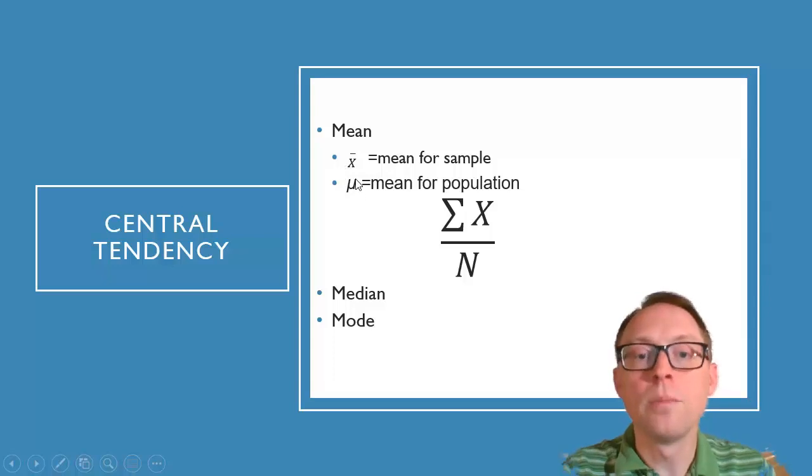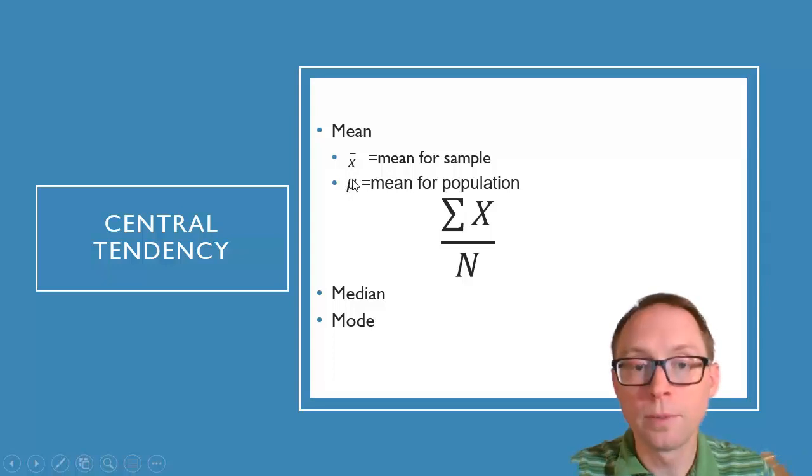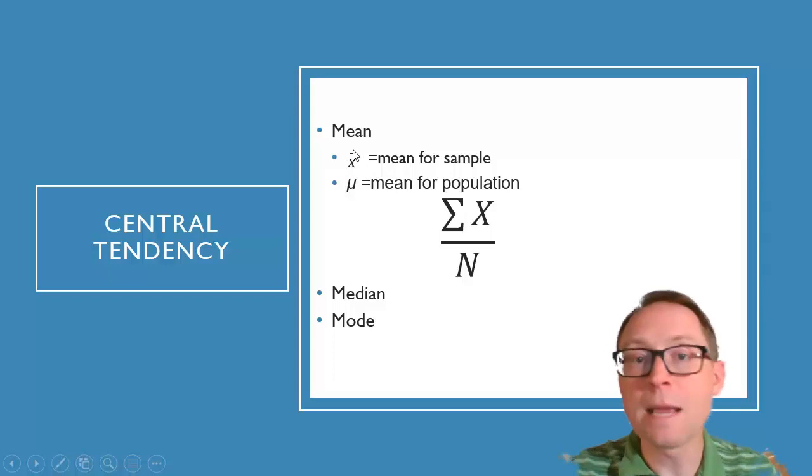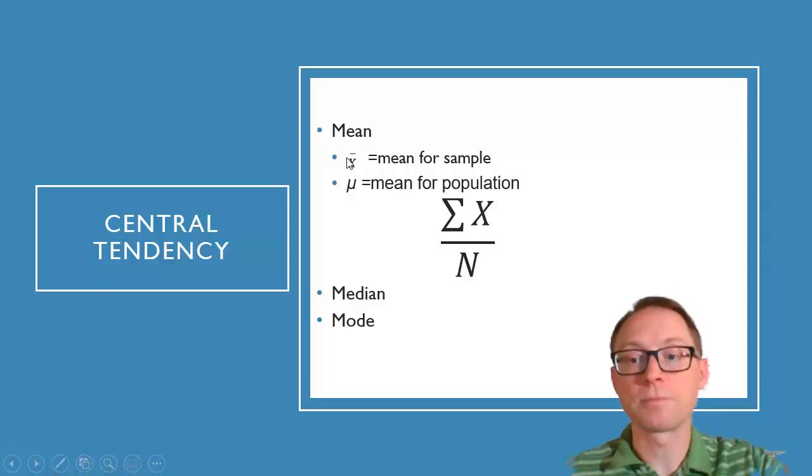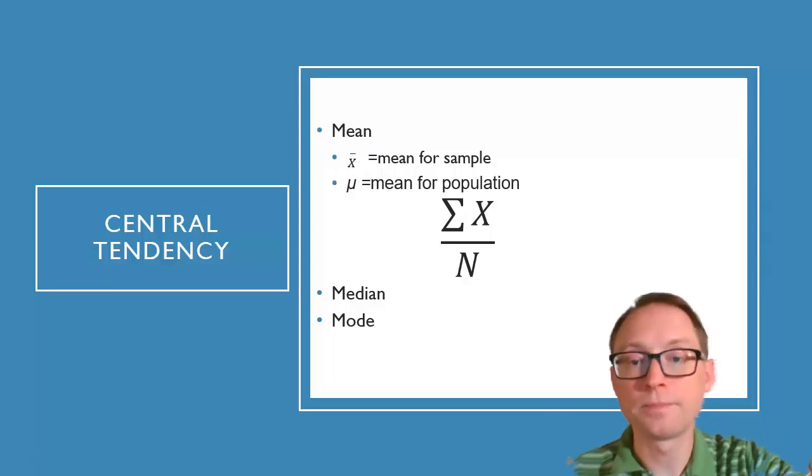However, the mean for a population is this Greek letter here, that is mu. Okay? This Greek letter right here, mu, is the same thing as x bar. It's the same thing, except that mu is for a population and x bar is for a sample. That's the difference right there.